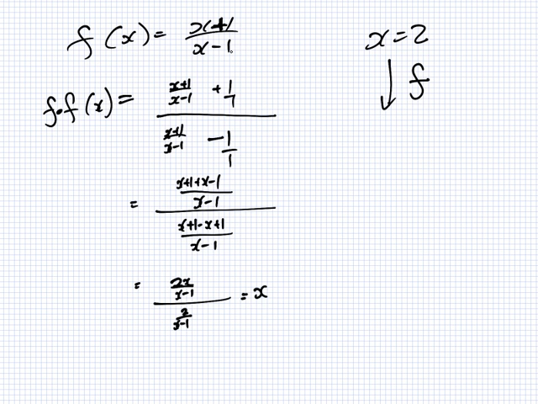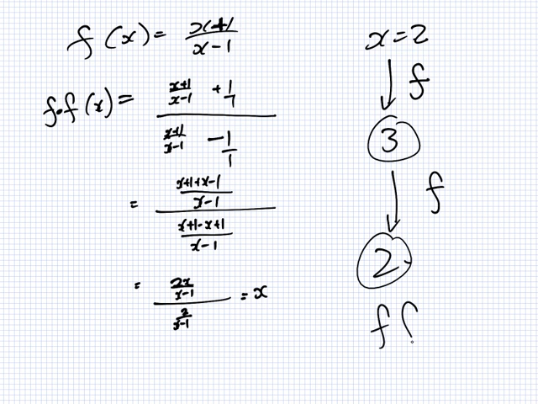So 3 over 1 is 3. Then if I use the function again, 3 plus 1 is 4, over 3 minus 1. I end up back at 2. These functions, when you apply them twice, give you what you start with. It's almost like the function can cancel itself when used twice.